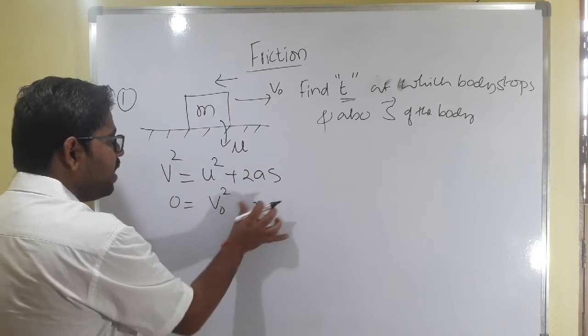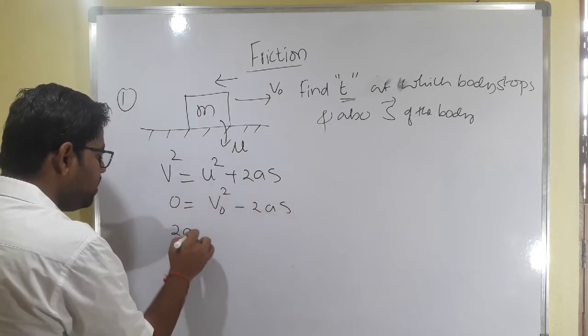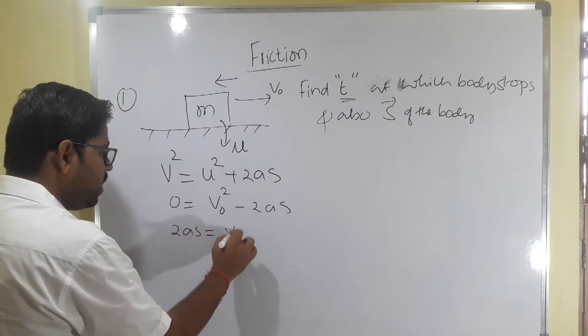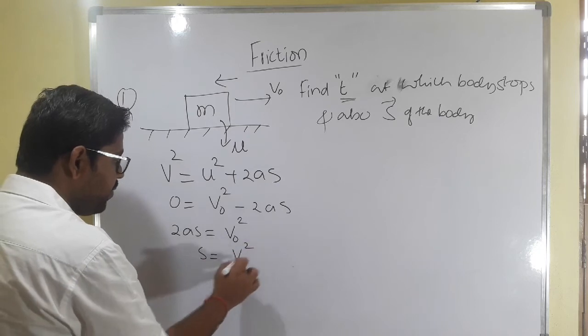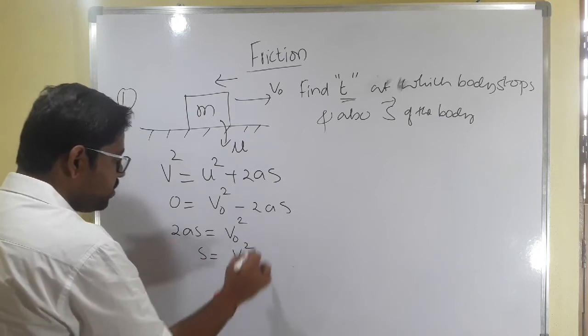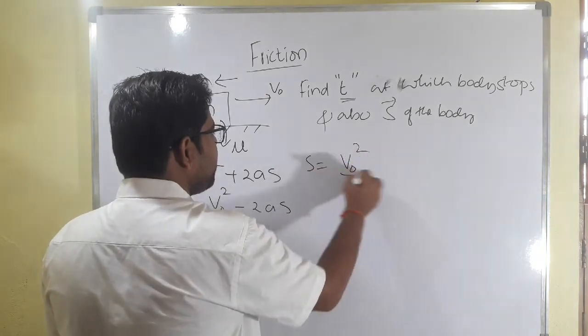So v naught square minus 2as is equal to 0, which becomes 2as equal to v naught square, and we want displacement s, which is equal to v naught square divided by 2 into a.